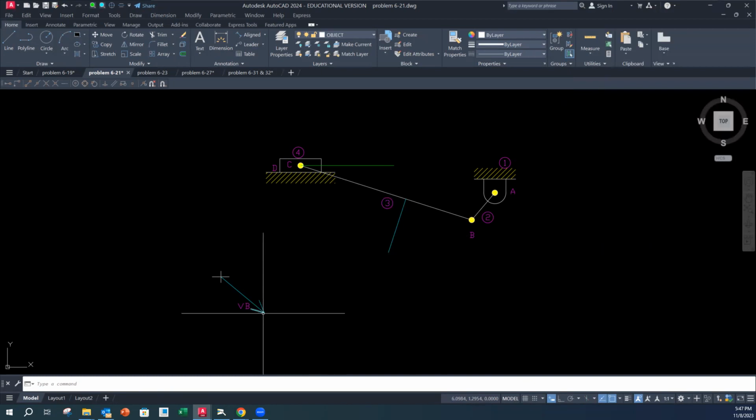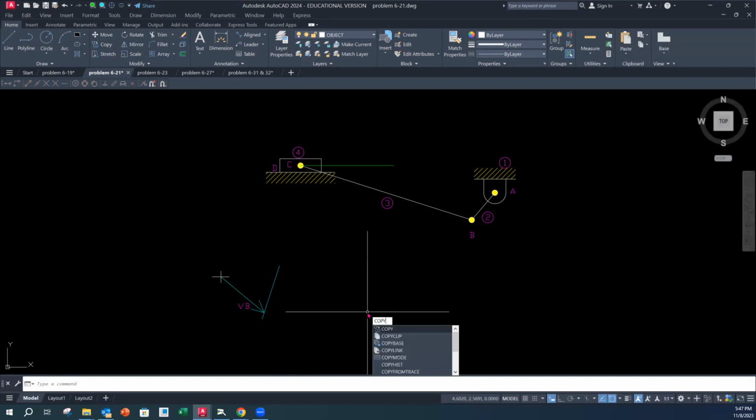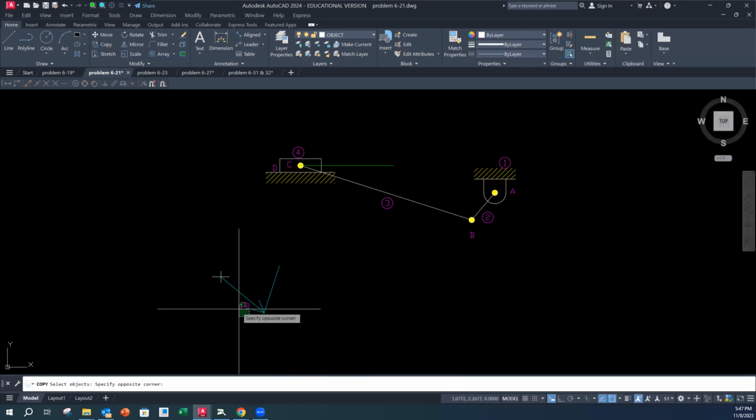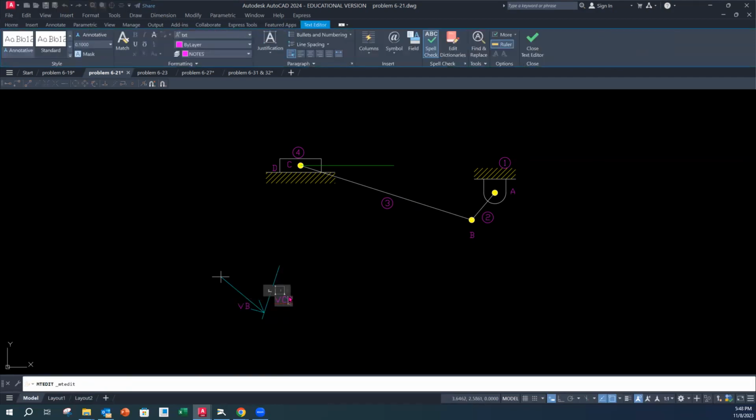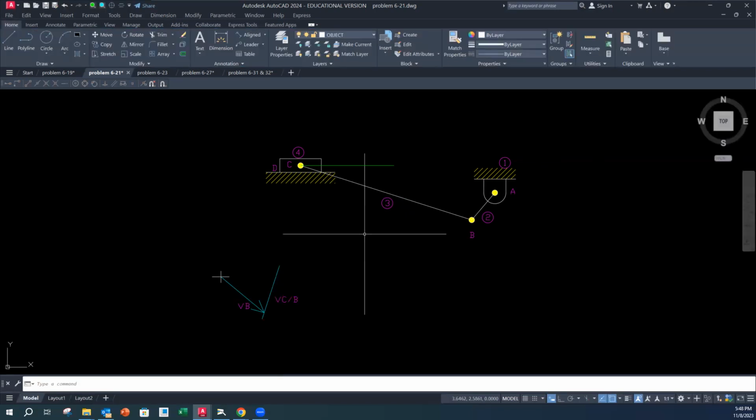Then on the endpoint of VB, I'm going to add the velocity of C relative to B. So I'm going to move this line, and I'm going to go nearest here. I don't know if it's going to go up, down, left, right. And then I am going to label that so we know what it is: C relative to B.